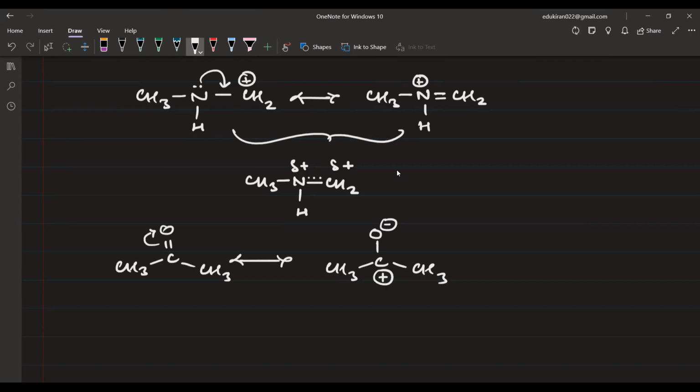These are also resonating structures, and you have the resonance hybrid as C, CH3, single bond oxygen, dotted line. That means it is partial double bond character, delta negative at oxygen and delta positive at carbon. Please write this down.